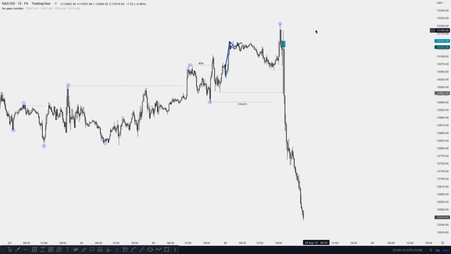It doesn't matter what is happening in a higher or lower time frame, because you are a day trader. So you have to take a decision based on the lower time frame, 1 minute and 15 minutes. Okay, sir, thank you.